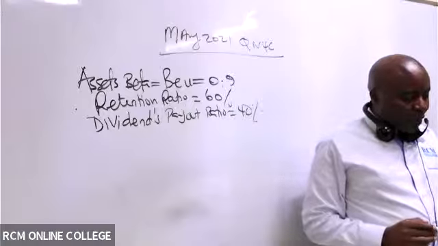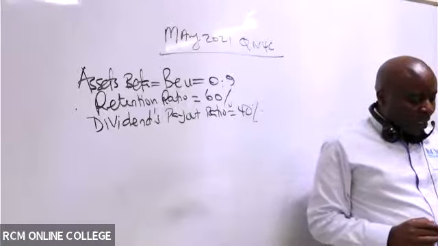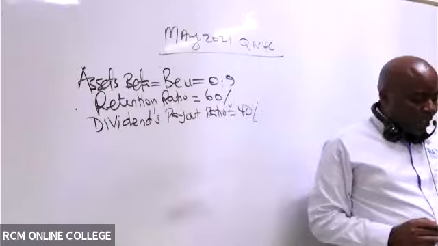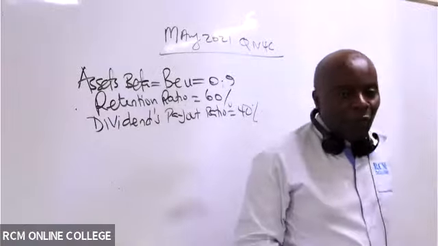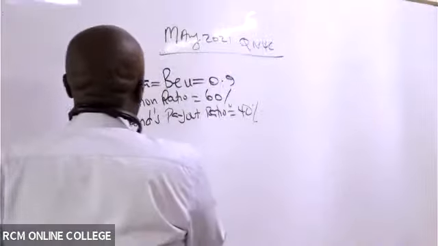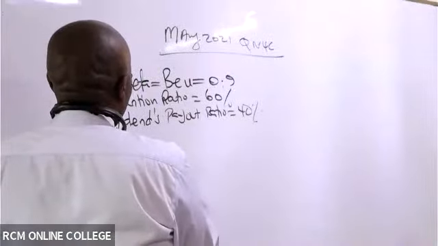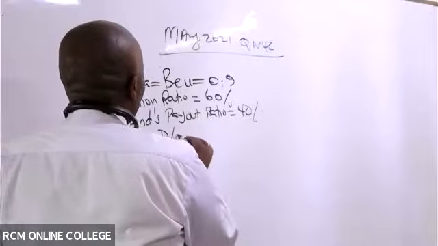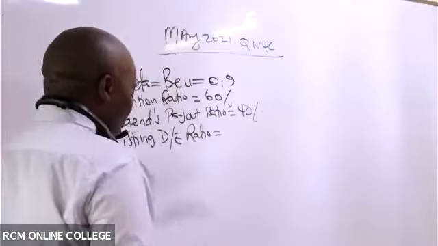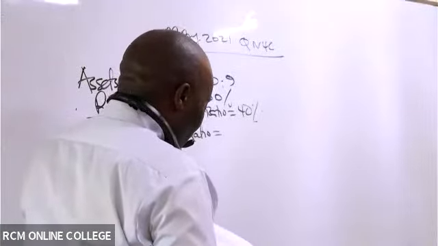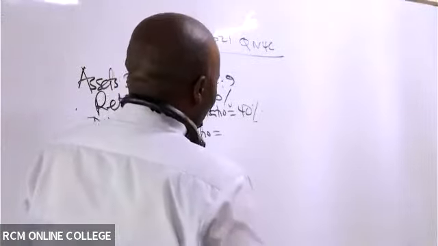The other thing they have given me in the second paragraph is what they are calling the debt to equity ratio. So I have the existing debt to equity ratio, which is 0.45, isn't it?